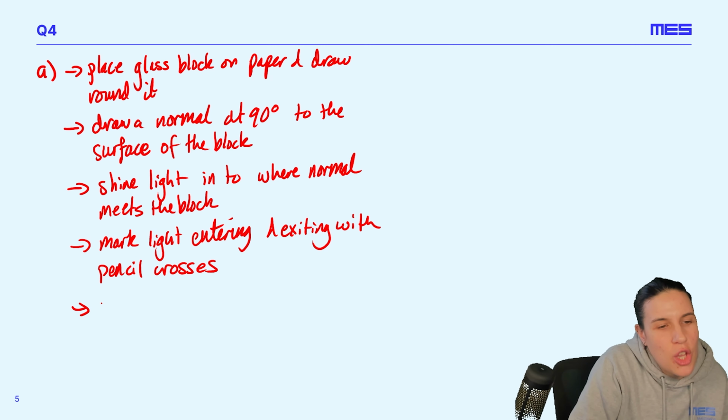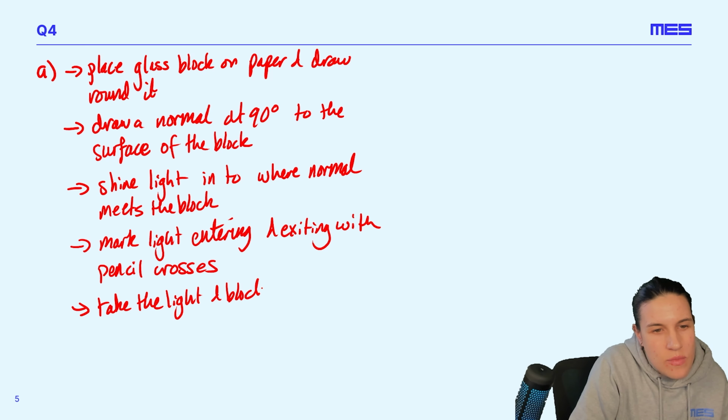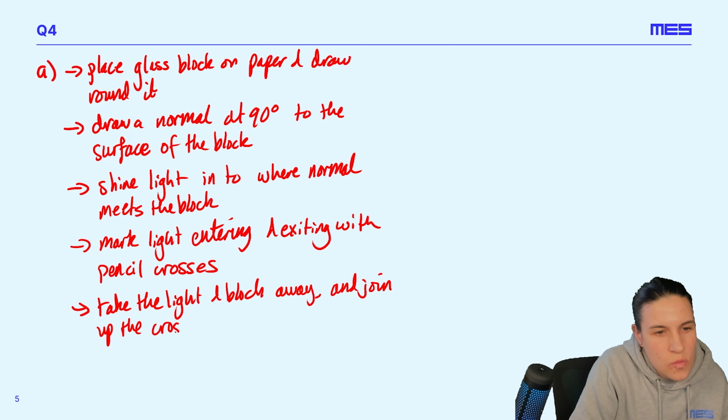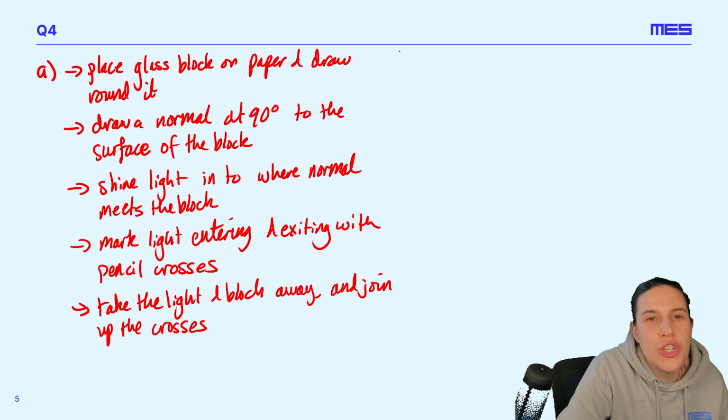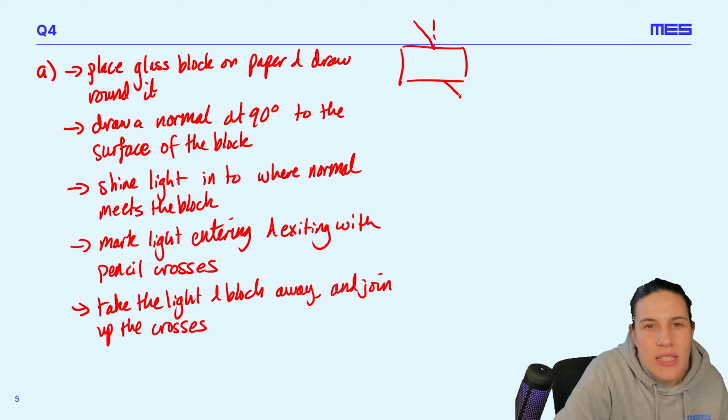We are then going to take the light and block away and join up the crosses. So now we should have a diagram that looks a bit like that.